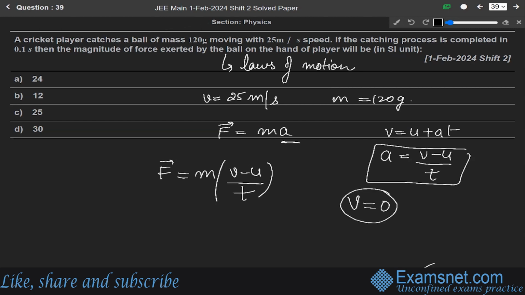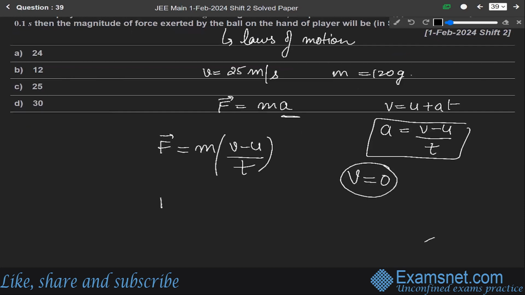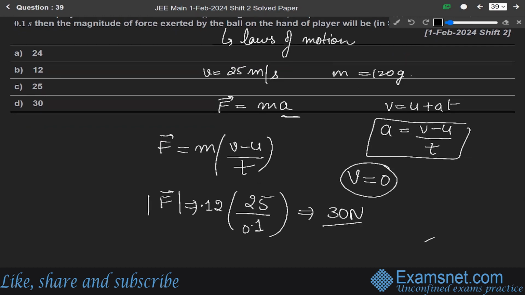Only we will consider the initial velocity. So magnitude wise, force will be equal to mass, which is 120 gram, meaning 0.12 kg, into speed 25, over time 0.1 second. So force will be equal to 30 Newton. This is our answer. Option D is the correct answer.